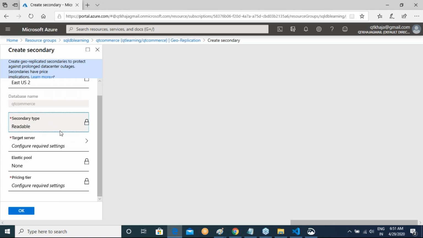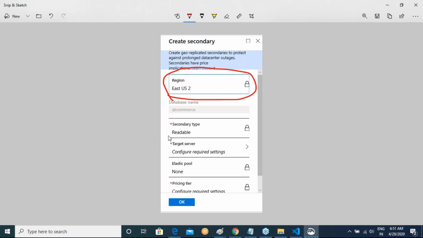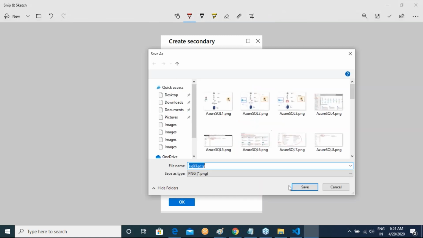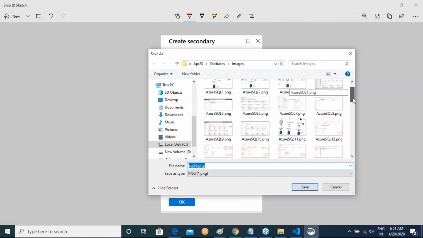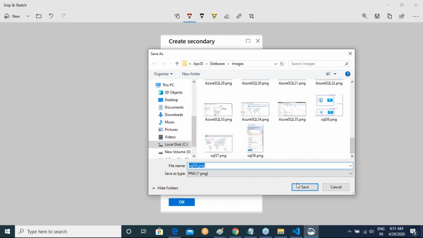So what is the secondary type? It is readable. What do you mean by readable? You can only run read queries from here. You cannot write.